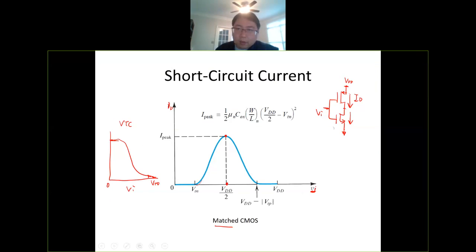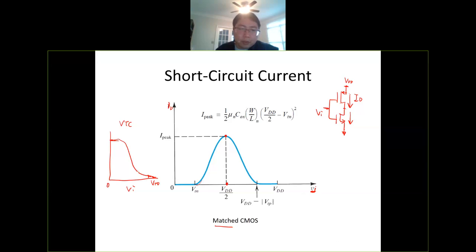And then a few more words on the short circuit current. This one is for the dynamic power. When you are switching the inverter, let's say your input is switching from 0 to 1, then you will notice that in the VTC curve, the voltage transfer curve, the output will switch from high to low.